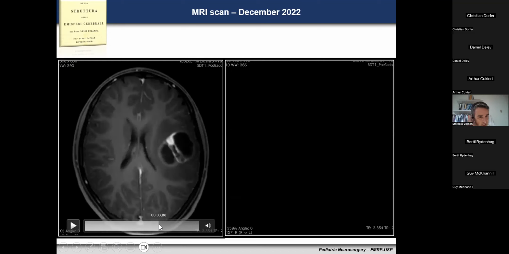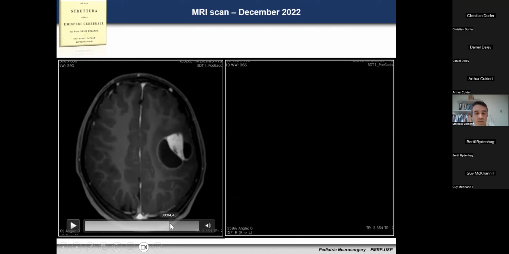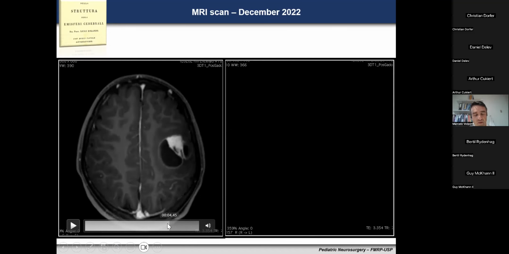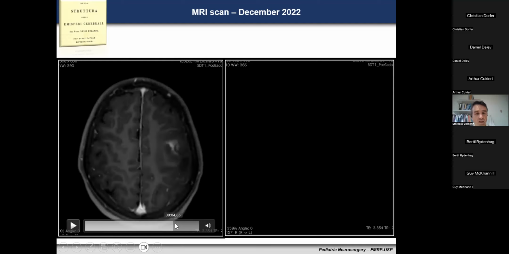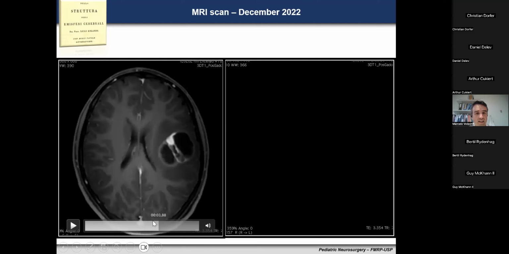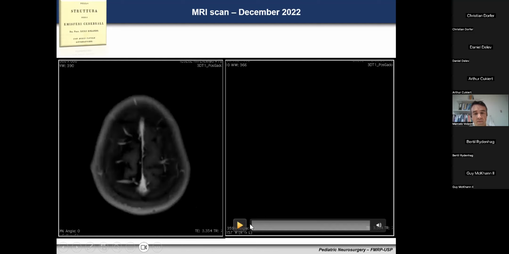But just before we had the opportunity to take her to the OR, we decided to perform an MRI scan because it had been roughly 3 months after the first scan, and you can see this huge growth just within 3 months. See not only the cystic component but also the solid part, which grew quite a lot.